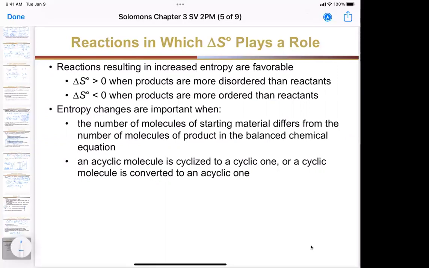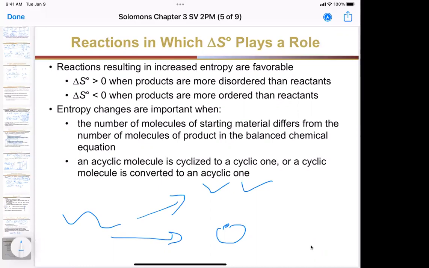Well, we can start with something that is straight and break it apart into 2 things. That's more disorder, right? We can take something that is straight and turn it into a ring. It has more order now because it has fewer modes of freedom to rotate around.